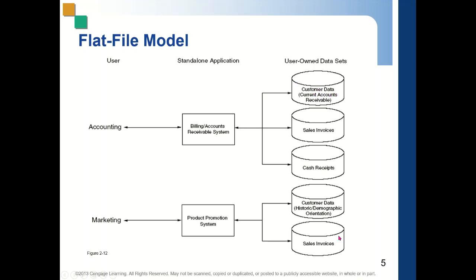And also you have another huge drawer in marketing that contains essentially the same kind of data. And immediately you can see that there are going to be challenges in terms of keeping the two copies of data in sync.